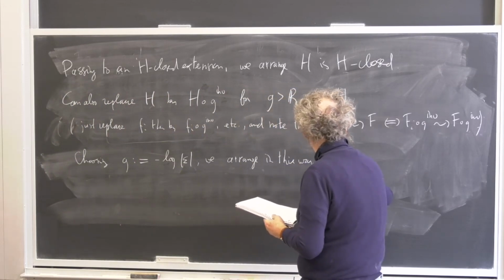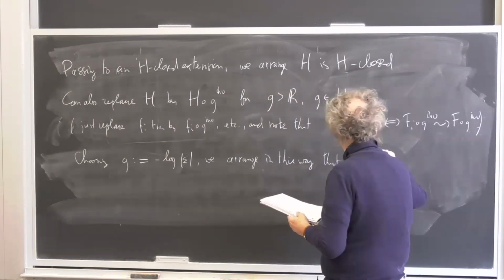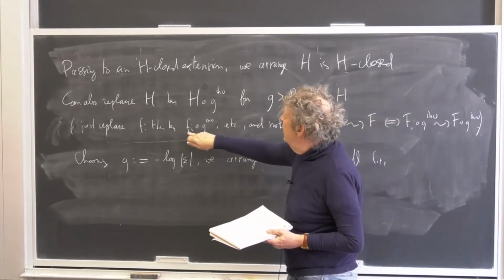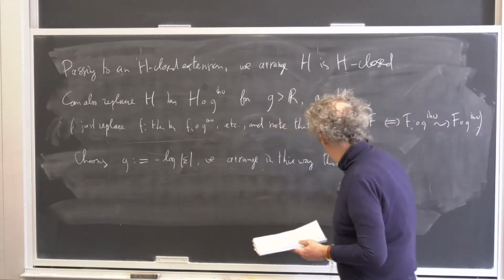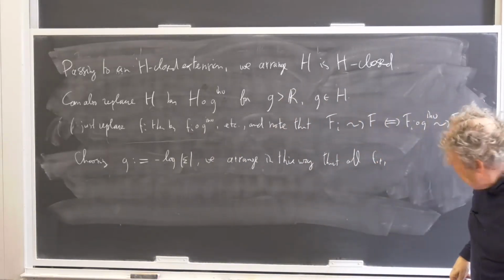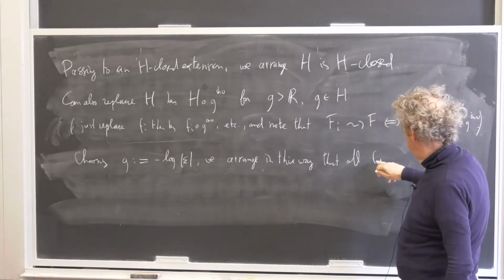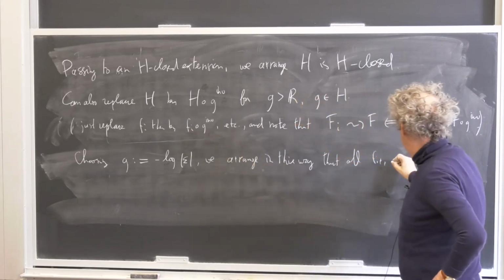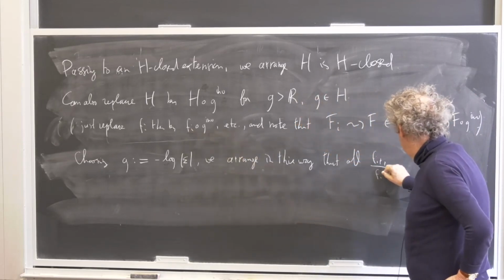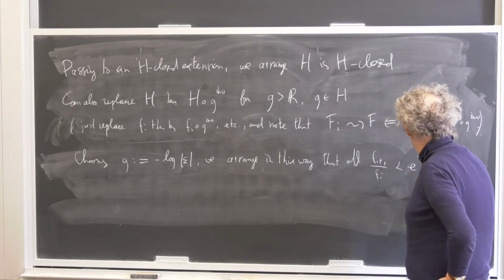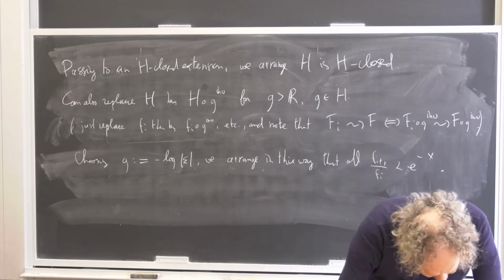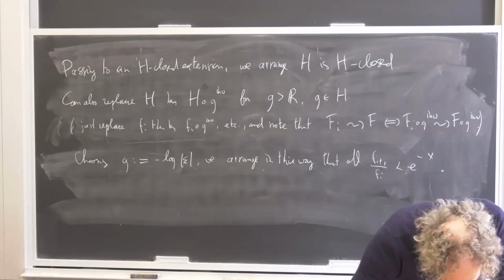That's all Fi plus 1. Of course, the new Fi plus 1s are really these, the Fi's are really these, but I'm not going to. I'm changing my notation so that this is now Fi. Fi plus 1 over Fi is e to the minus x.